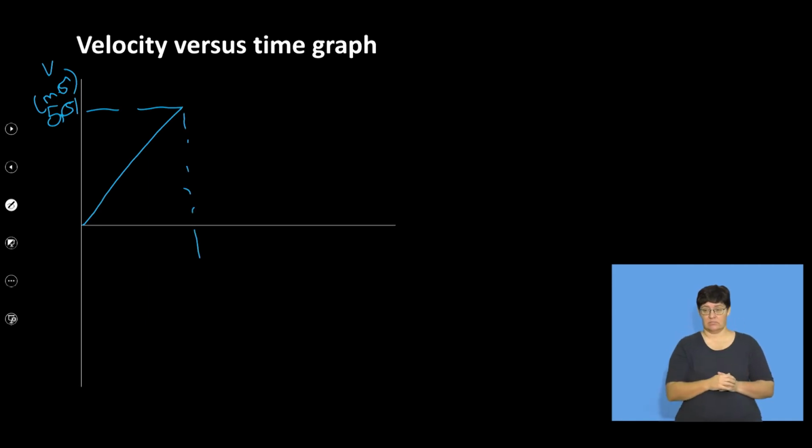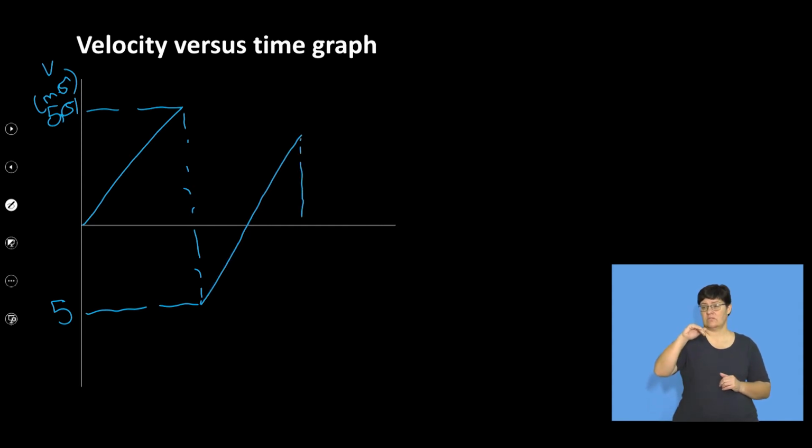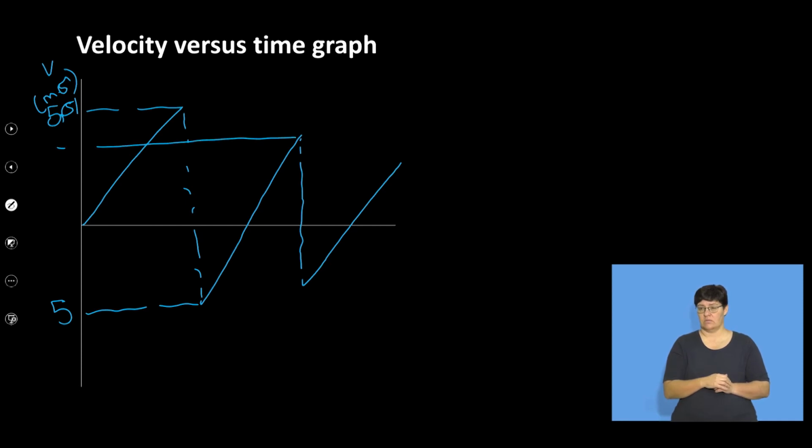Bounced, left the floor at 5. Got to 5, bounced, got to 4, and then it hit the floor again. So this is 5. This value here is minus 5.